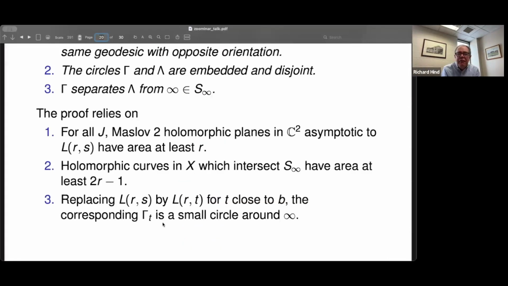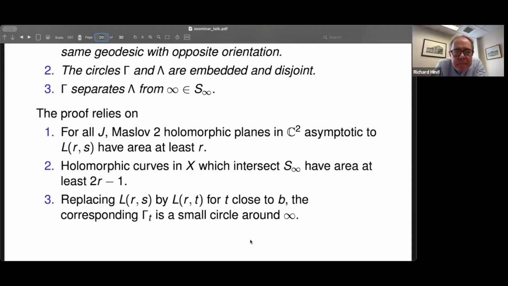And there, for the LRT, it's clear that the corresponding circle is going to loop around infinity. But then we can do a continuation argument exactly because the bold L is disjoint from the K. So that's where the assumption about the K is coming in. All right, so that's the holomorphic curve setup.